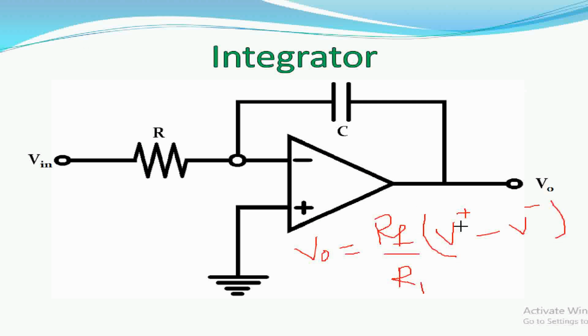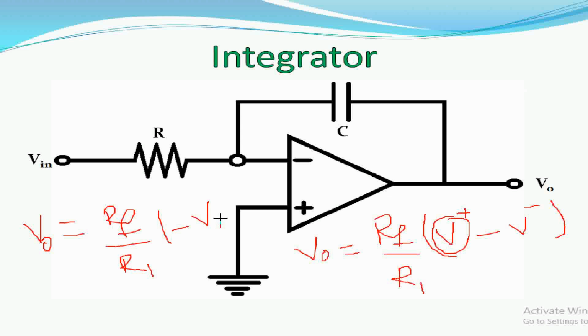This is a generalized equation. Here the plus voltage is 0. Then for the integrator, V naught is equal to RF by R1 into minus V in.